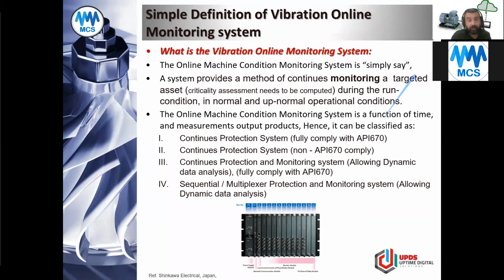So later on, you cannot find the root cause of the problem. I think in the previous lecture, Mr. Salahi presented about the RUB, you cannot do anything with the continuous protection system if you don't have the dynamic data. Let me admit some people.